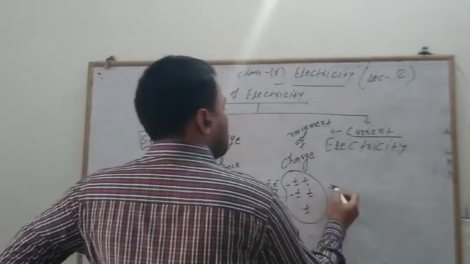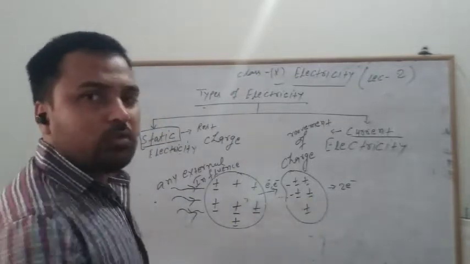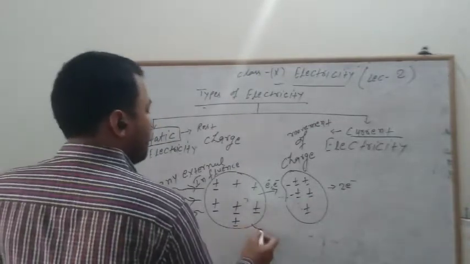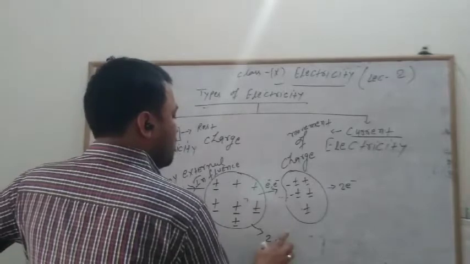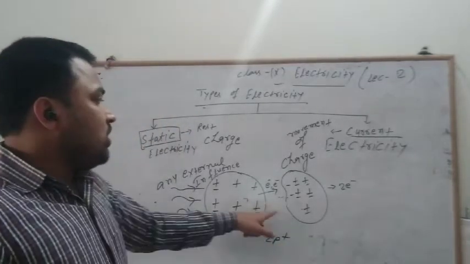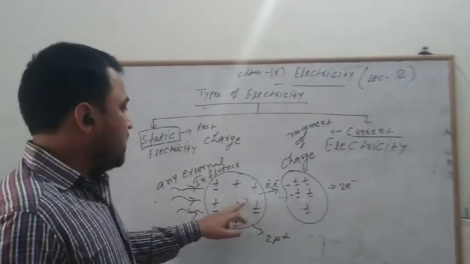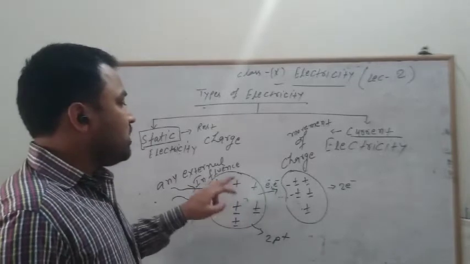Here there is an imbalance of two negative charges, the two electrons, and in this system there is an imbalance of two positive charges. So how do these two bodies become charged?